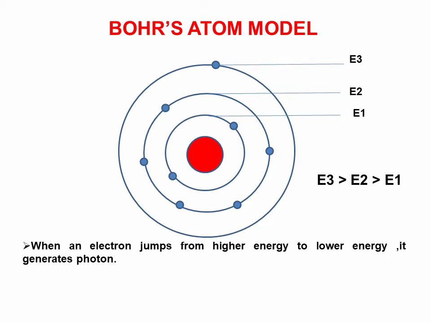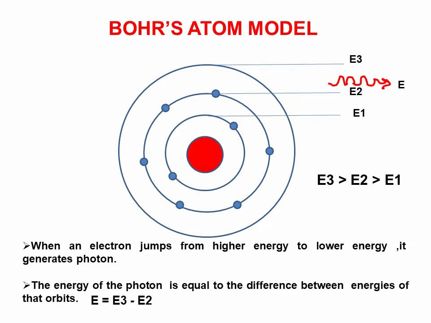Next point is, when an electron jumps from higher energy to lower energy, it generates a photon. The energy of that photon E is equal to E3 minus E2, that is, the difference between the energies of the orbits E3 and E2.